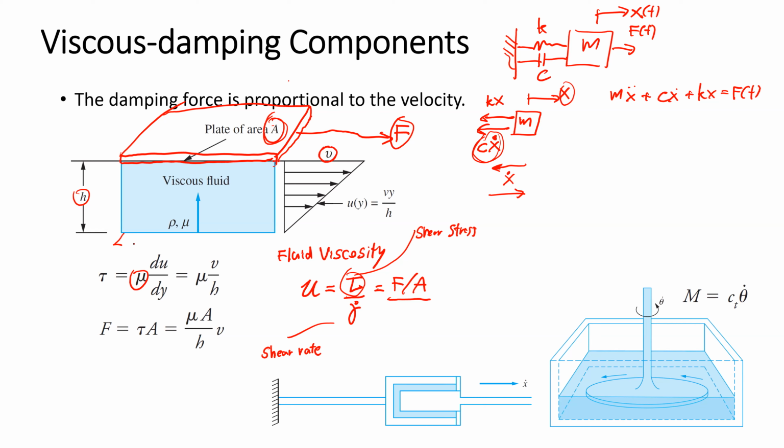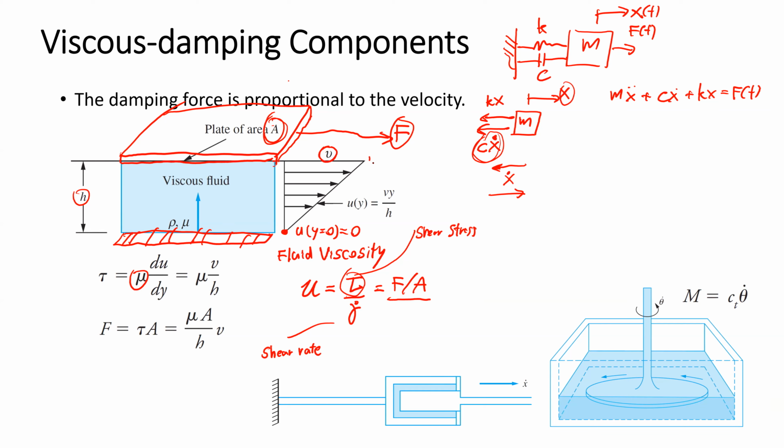On the bottom layer, the fluid is connected to the floor. And at this point, the velocity when y equal to 0 is equal to 0.